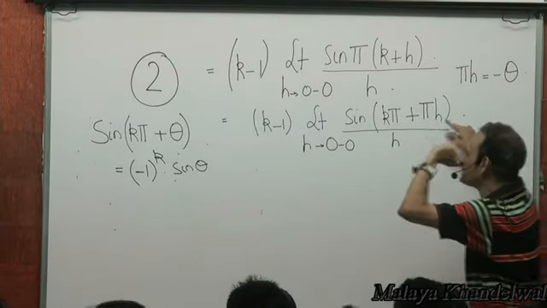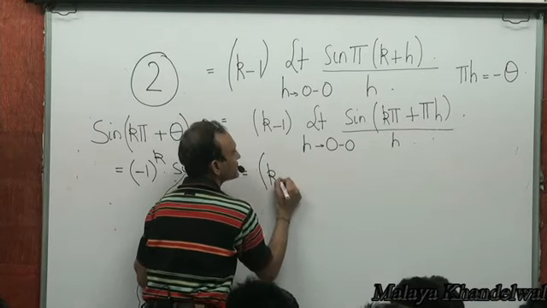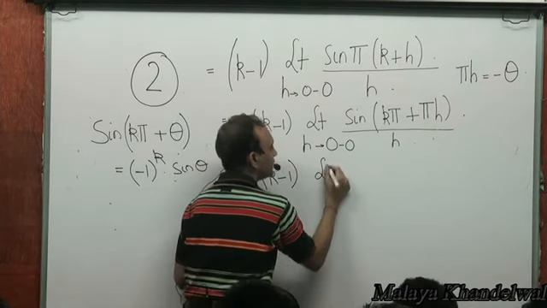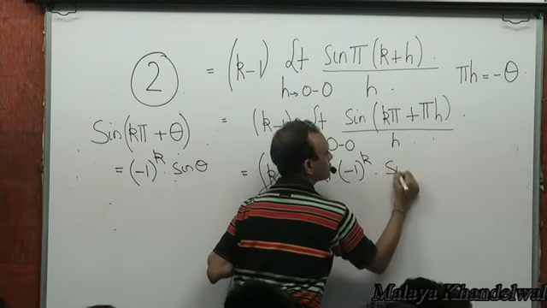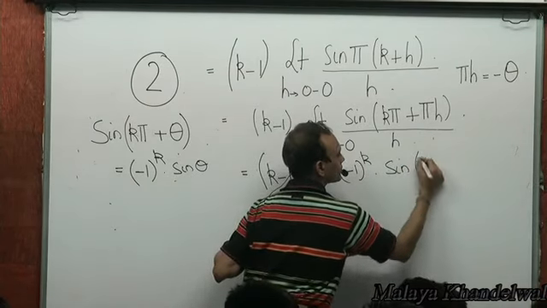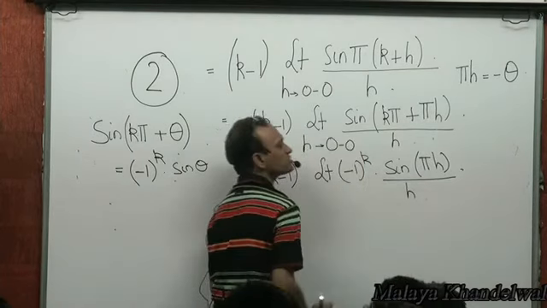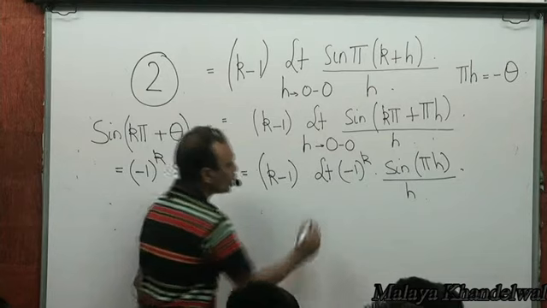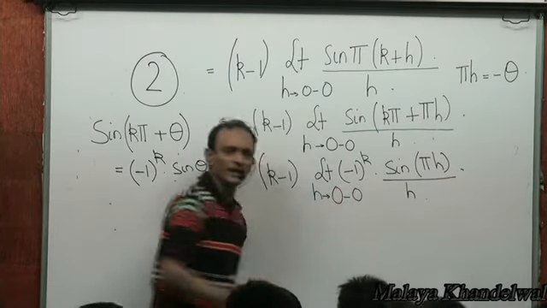So sine K pi plus theta could simply have been written as limit minus 1 to power K sine theta. Let sine pi h manage its own sign based on the sign of h. You don't break your heads over it, right? H tends to 0 from the less than 0 side.